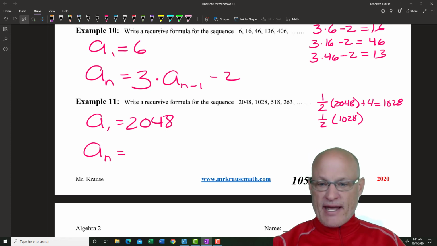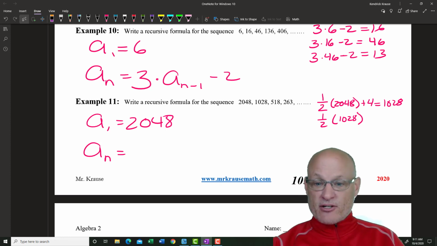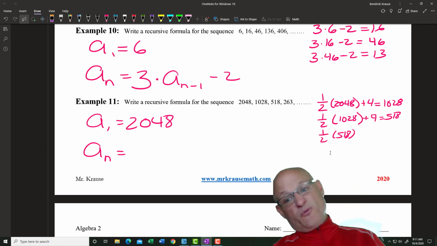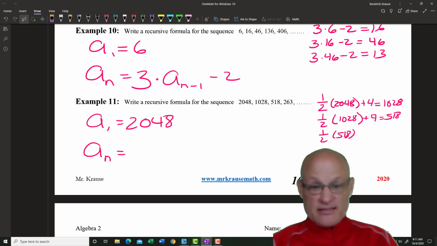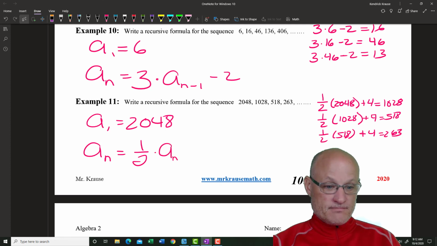Or in this case, multiplying by half. Half of that is 514. 514 plus 4 is 518. And if I take half of 518, I get 259 plus 4? 263. So we're going to take half of the previous term and add 4.